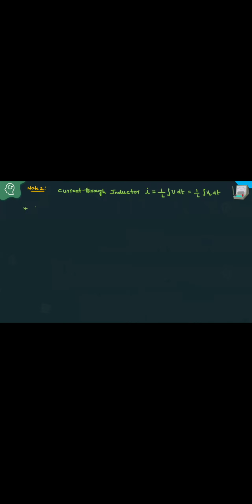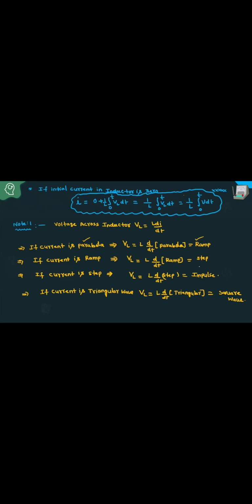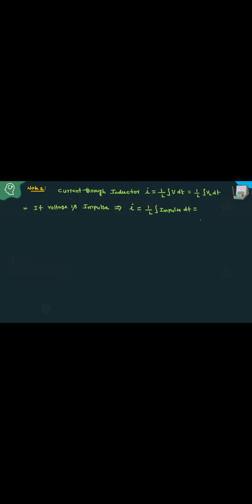Now, if voltage is an impulse, then what is the current? 1 by L integral of impulse. What will the integration of an impulse give? Differentiation of a step gives an impulse, which means integration of an impulse gives a step. Reverse process.